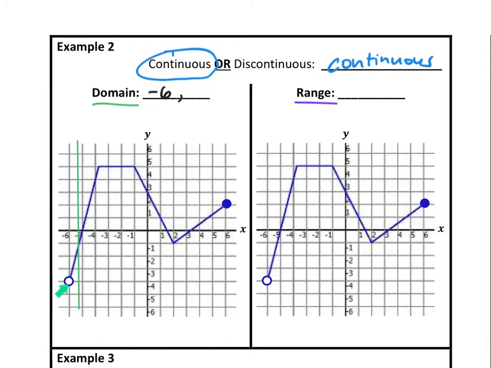Since it's open here, that means that we're not really at -6. We're very close to -6, but there's an opening there. So we can't put a bracket, but we can definitely put a parentheses in front of -6.